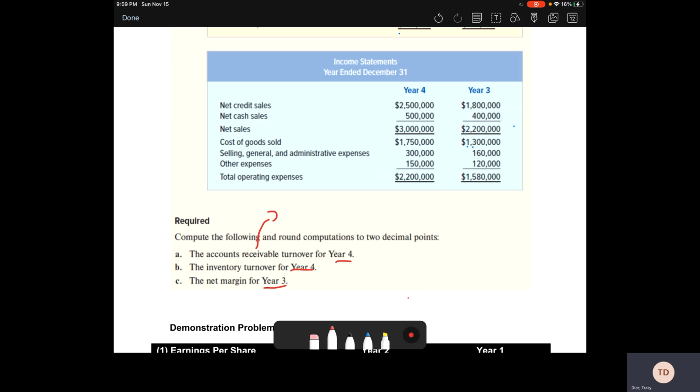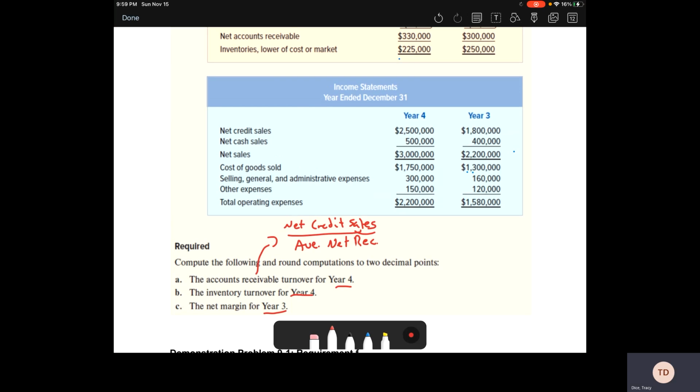So when we are trying to find that, we just take our net credit sales and divide it by our average net receivables or accounts receivables. We're going to find our net credit sales right here on the income statement.